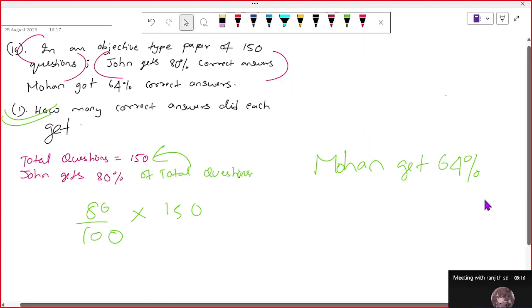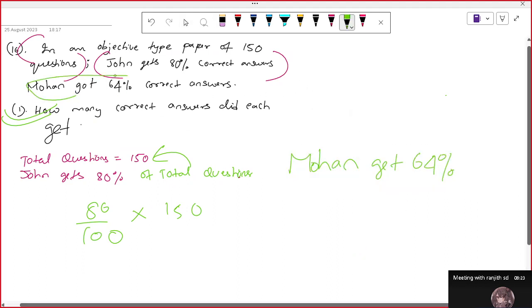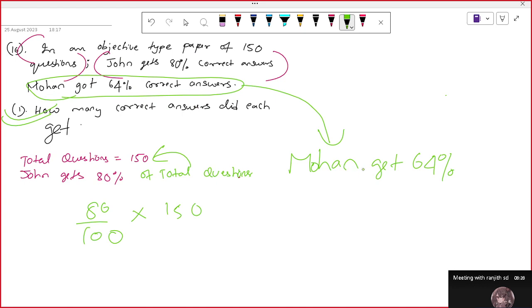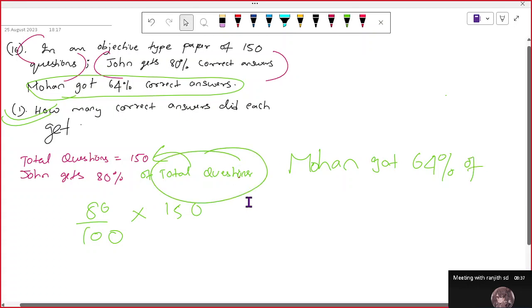Because for Mohan also we need to write it. You just take the sentence from here. Mohan gets how much? See, got is past, make it into present. Mohan gets, or you can write it in past, Mohan got 64% of what? Of total question.